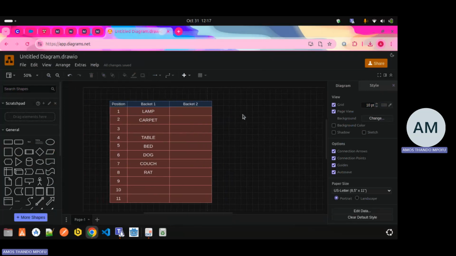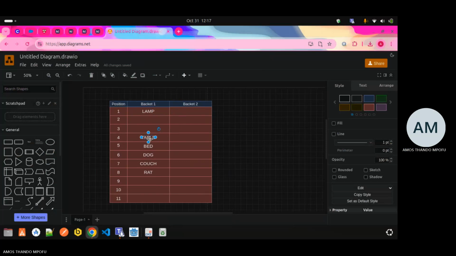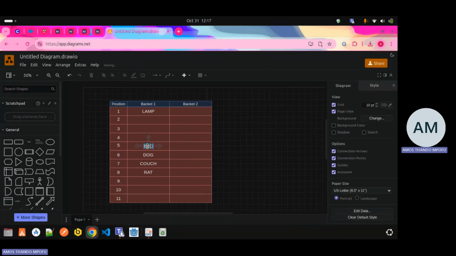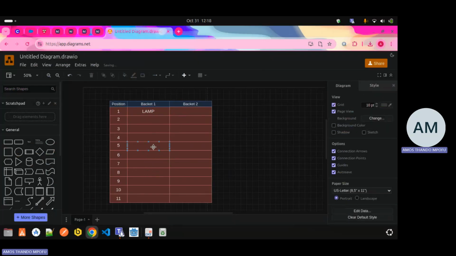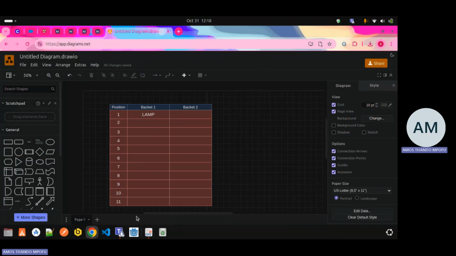So you just increase by 1 if the bucket is full. In my case, I'm gonna use 2 buckets, so bucket 1, bucket 2. So I'm gonna increase it by 1.